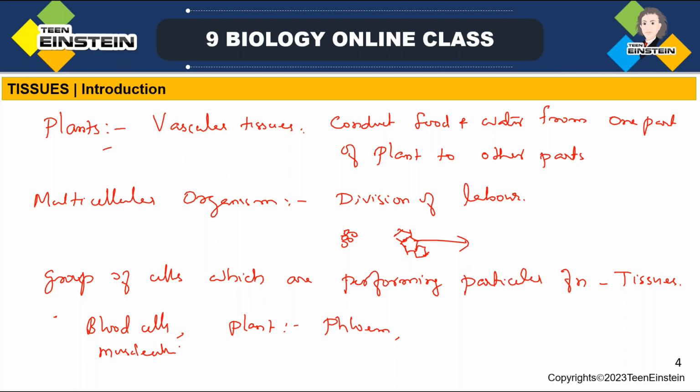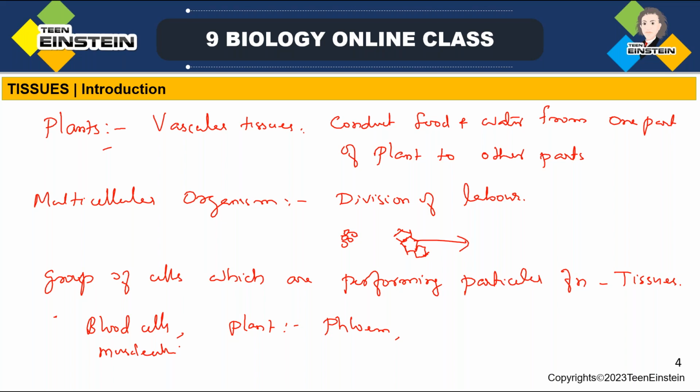Clear? So that's how we can define a tissue: a group of cells doing a particular function in a particular place in the body of a living organism, and their structure is in such a way that they can give the maximum result of the particular work assigned to that group of cells or tissue.